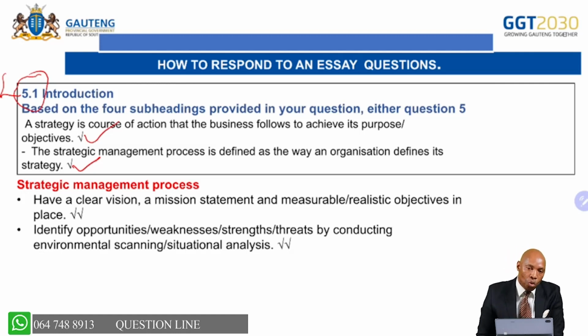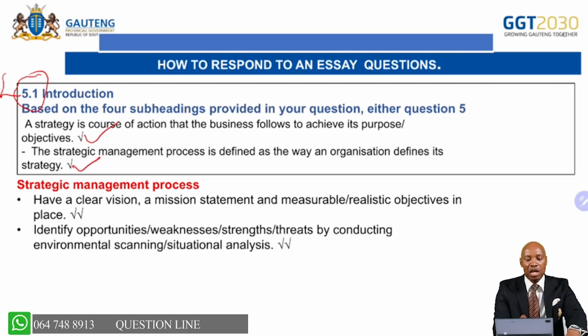Now, what is our first subheading in the essay? It is the strategic management process, because the question required you to outline the strategic management process. Then you have your subheading that says strategic management process. Then you outline your strategic management process.